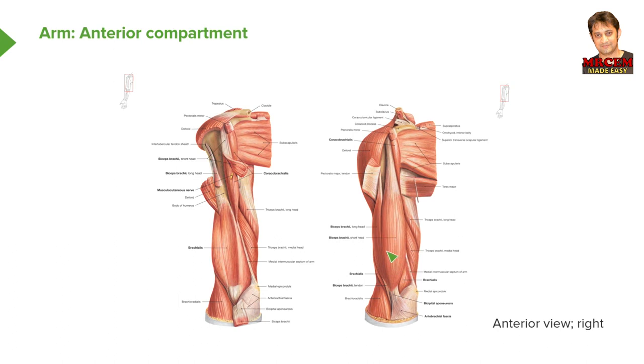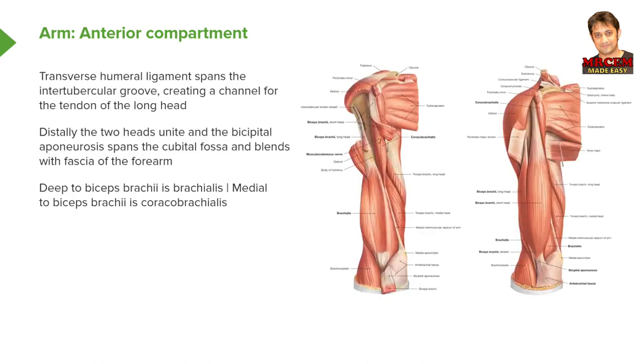It's very difficult to see brachialis muscle with biceps brachii still in place. We just see a small bit of it here and here. We can see the bicipital aponeurosis passing down onto the antebrachial fascia of the forearm. If we look at these notes, running over the intertubercular groove we have what's known as the transverse humeral ligament, and that runs over the two tubercles on the head of the humerus, and this creates a tunnel for the long head to pass through.